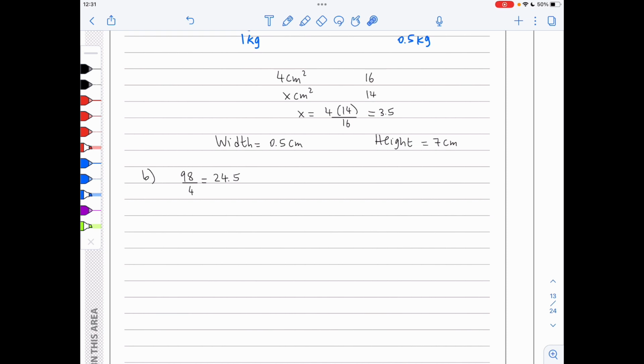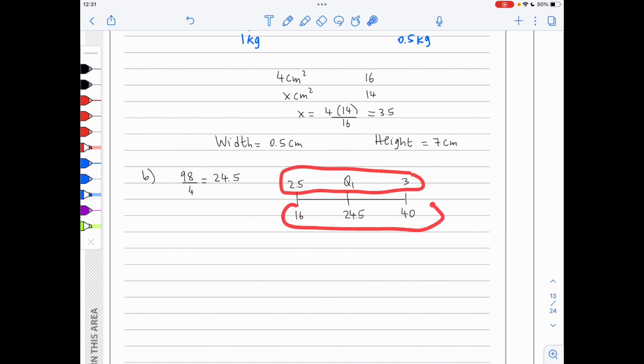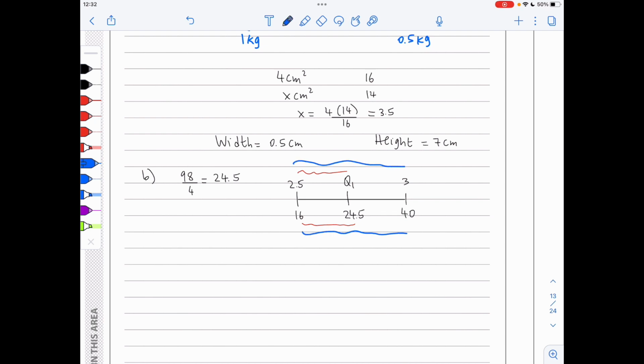I'll draw a nice diagram here to help me set up my ratio. So there it is, somewhere between the 2.5 and the 3 we've got the lower quartile, and I put the observations on the top and the frequencies at the bottom. So we can say that the small gap over the small gap is equal to the big one over the big one.